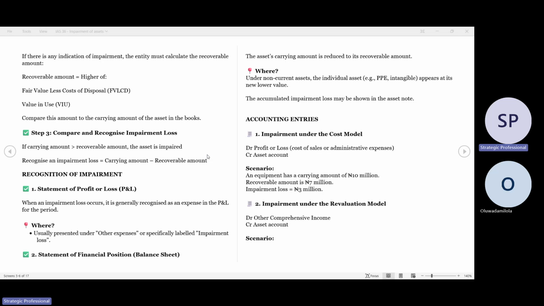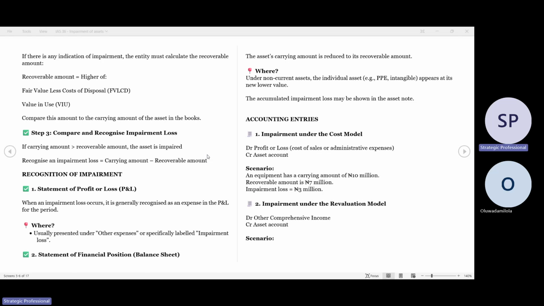In fact, like I just mentioned earlier, you must always test goodwill every year. You don't even need to wait for indicators, external or internal. A company is required to always test for impairment of goodwill. It is very important.